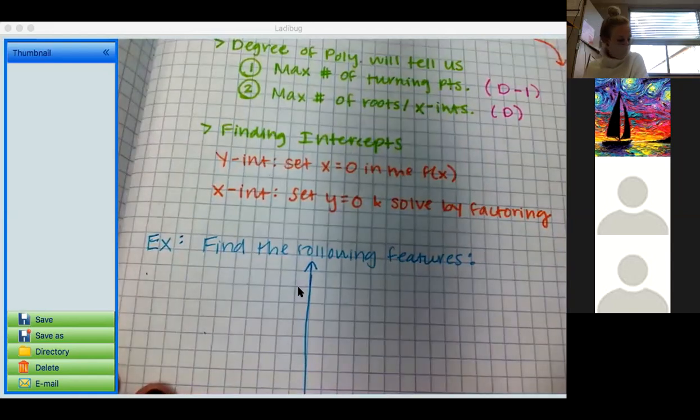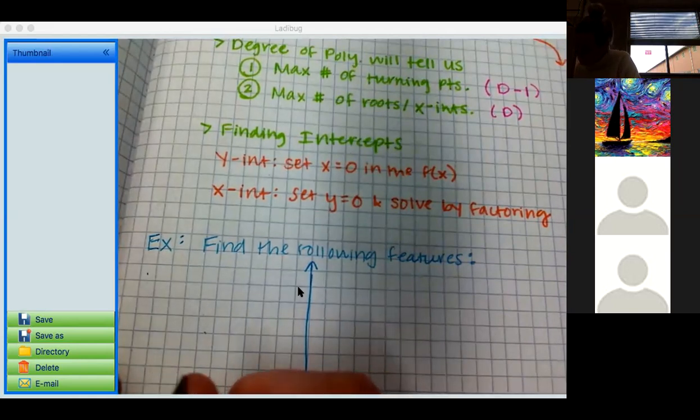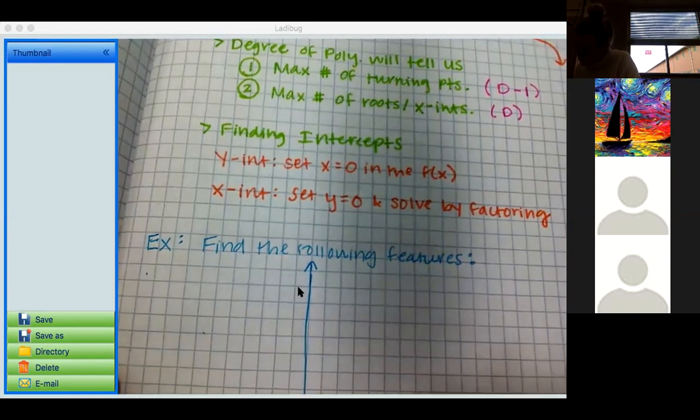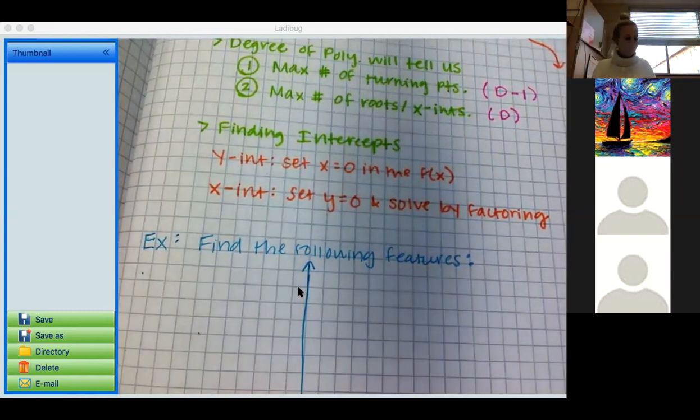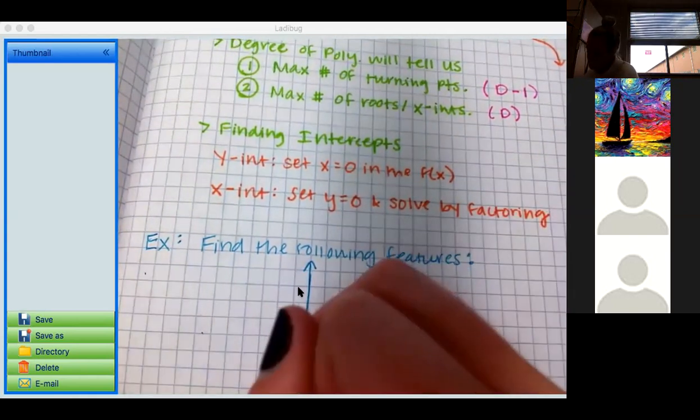But I think a lot of you can do this without me, hopefully. So every year on the pre-cal exam, there's always one of these, and I have kids miss it, and it makes me really sad because we learned this before pre-cal.